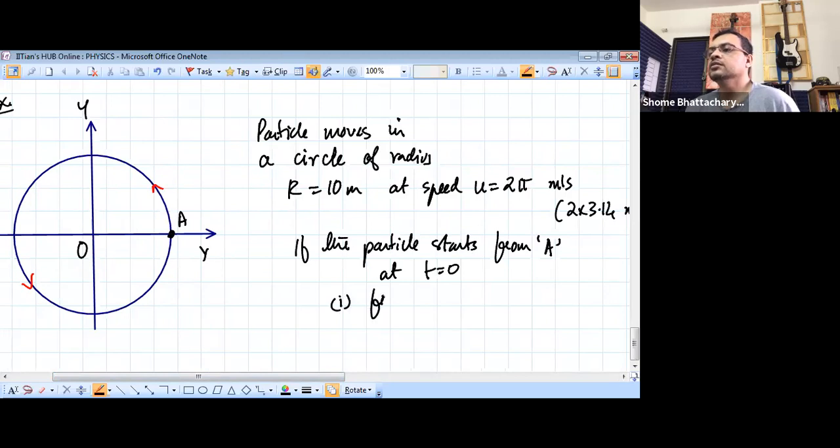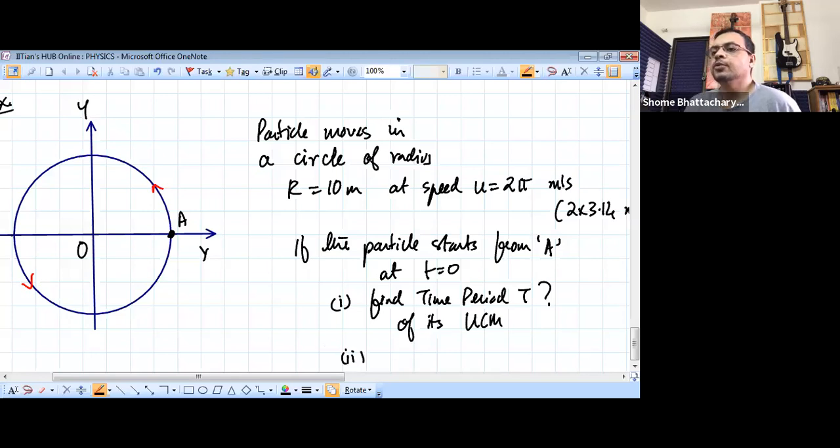First of all, find the time period, capital T, of its uniform circular motion.